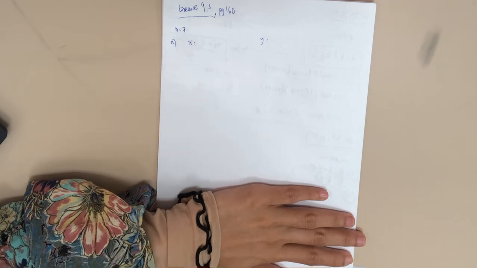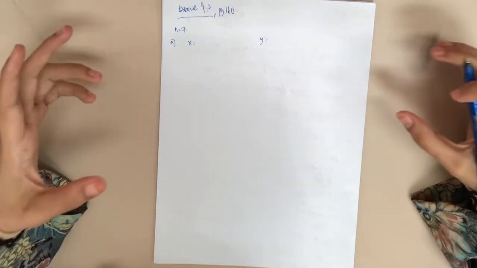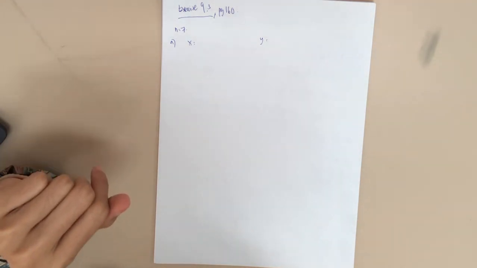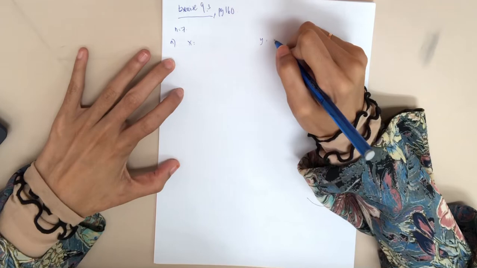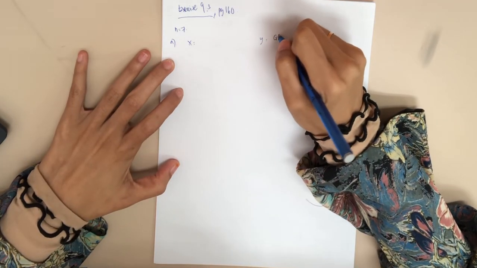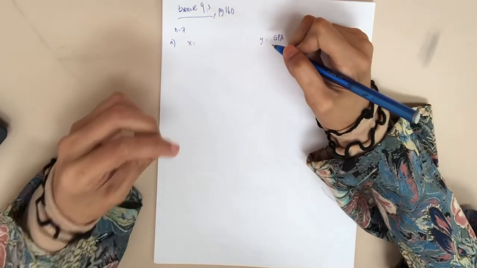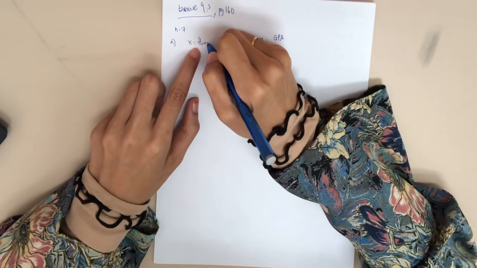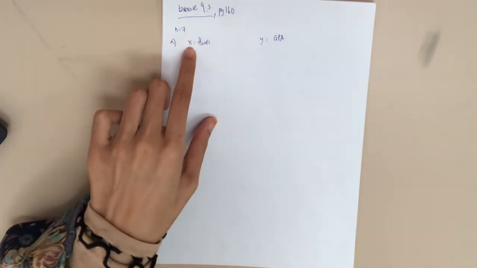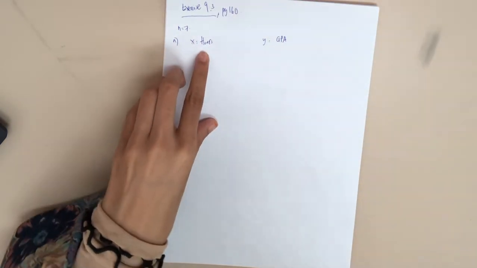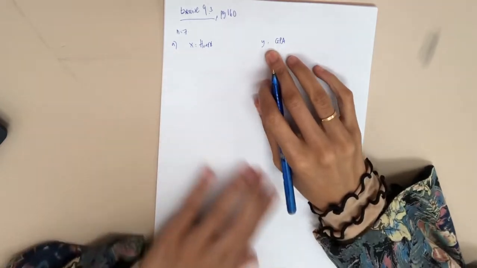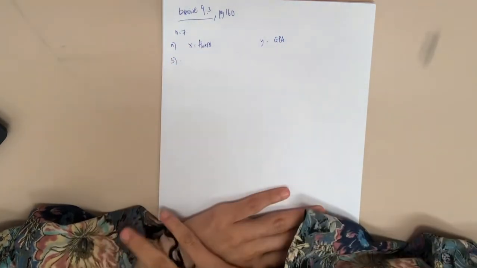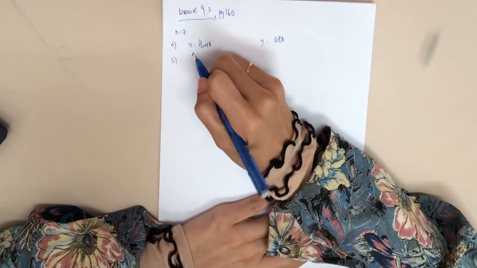So the result, or the GPA here, depends on time. What I said is dependent is the GPA, so your GPA depends on time, which is the hours. So your X here is the hours that you spend, and Y here is your GPA. Okay, done for the first one. B here is to plot the scatter diagram. Class, just plot it.